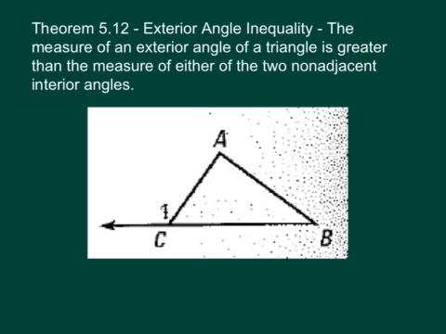So theorem 5.12 is the exterior angle inequality theorem, and it says that the measure of an exterior angle of a triangle is greater than the measure of either of the two non-adjacent interior angles. So looking at triangle ABC, the exterior angle here is angle 1.